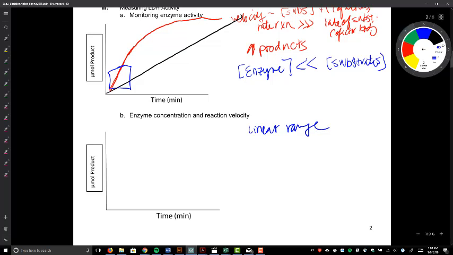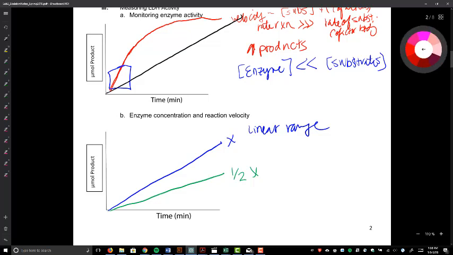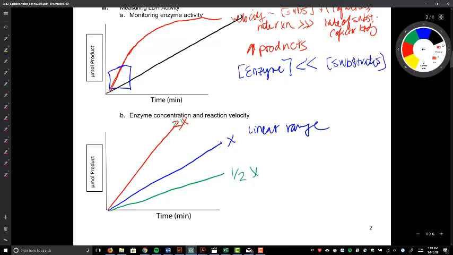So if this is our enzyme reaction at concentration X, the rate of the reaction at 1/2 X will be half the rate of the reaction, and if we double the concentration, the rate will be twice as high, or twice as large.